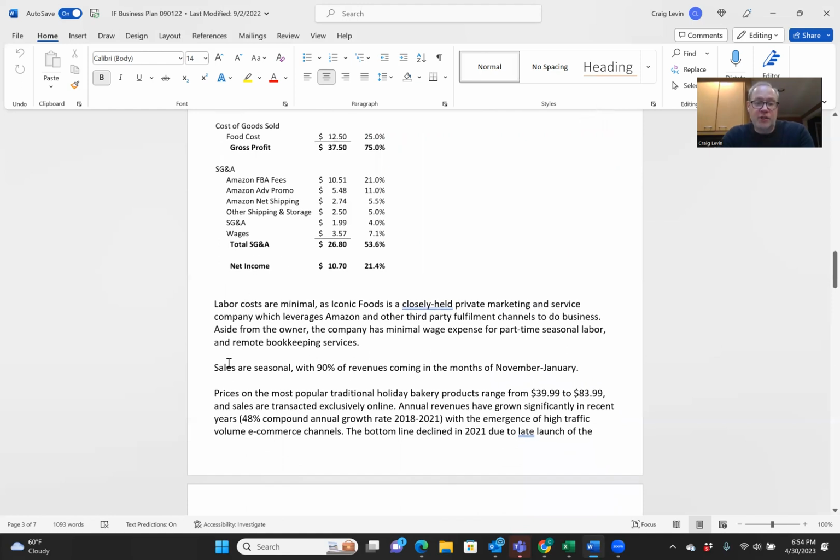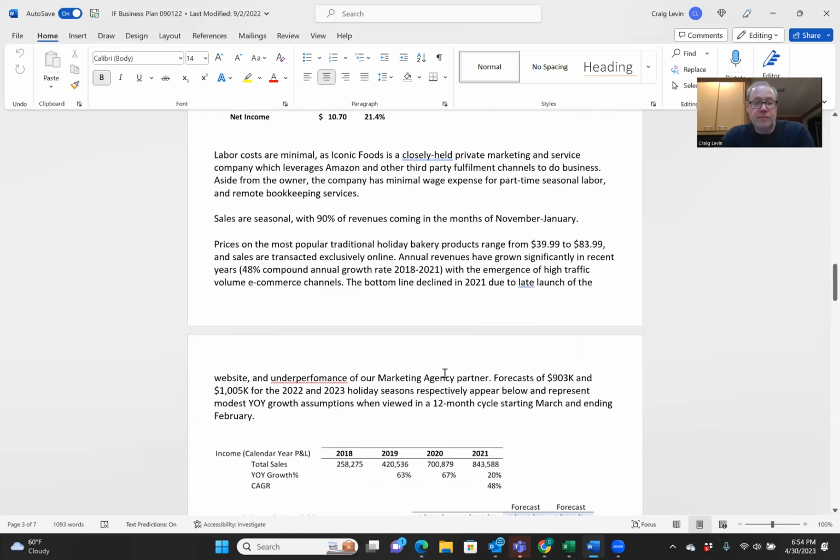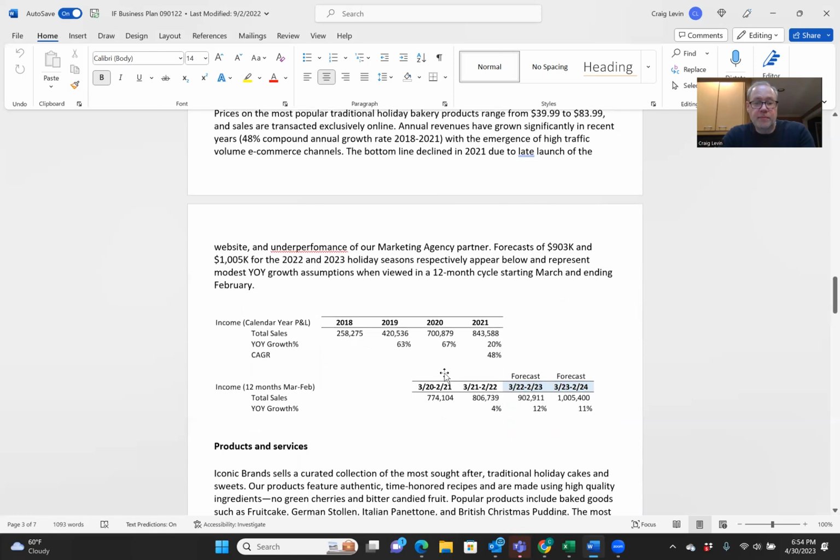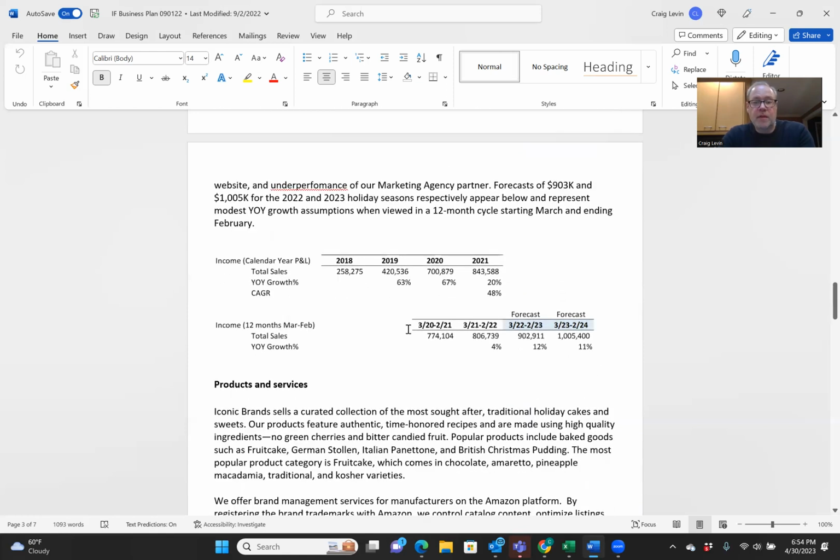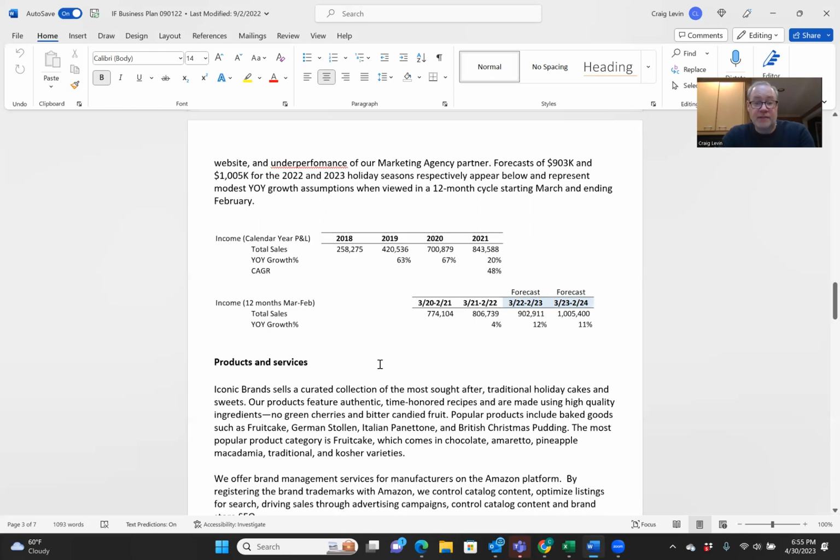And here's an explanation of those unit economics. Here's a history of profit and loss over time, and here's a forecast of future profit and loss at a growth rate of 12 and 11%.